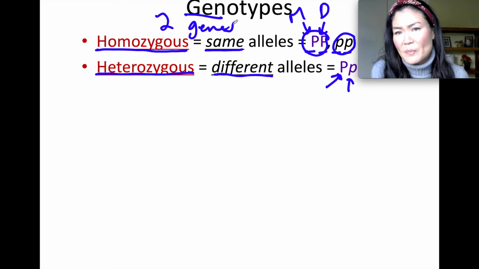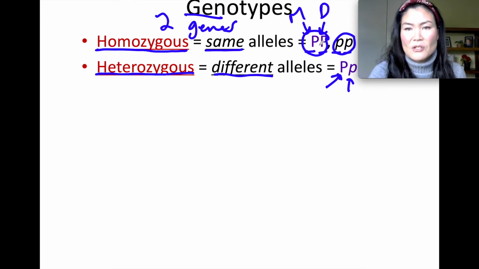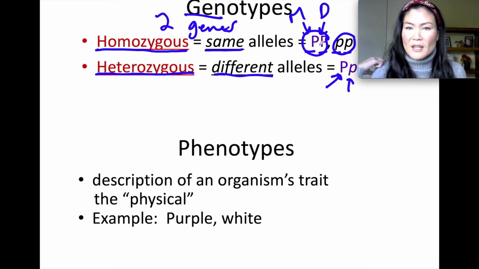The genotypes are basically the two letters that represent the two alleles that that individual has inherited from the parents. Okay, so that's genotype. And then you have phenotype.